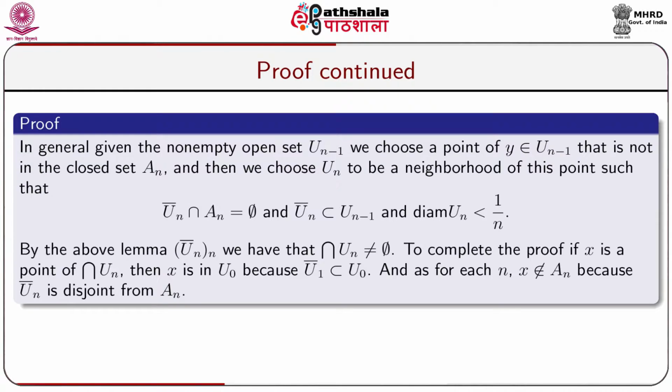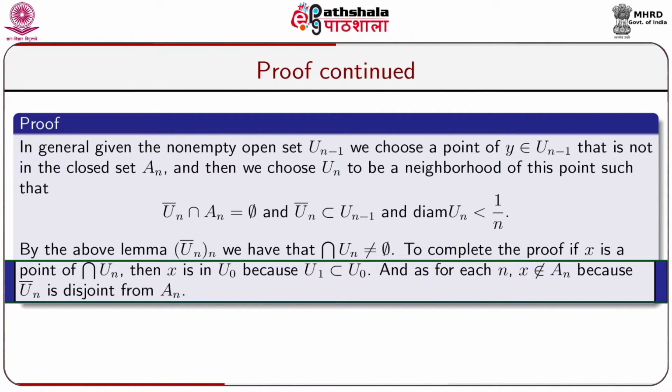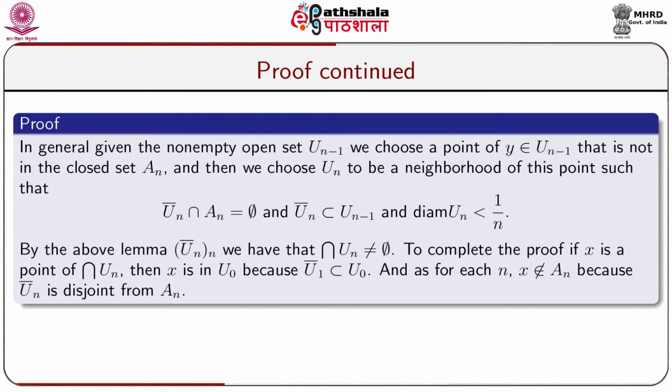So, to complete the proof, if x is a point of intersection of Un, then x is in U naught because U1 closure is contained in U naught, and for each n, x does not belong to An because Un closure is disjoint from An. This completes the proof of the fact that every complete metric space is a Baire space.